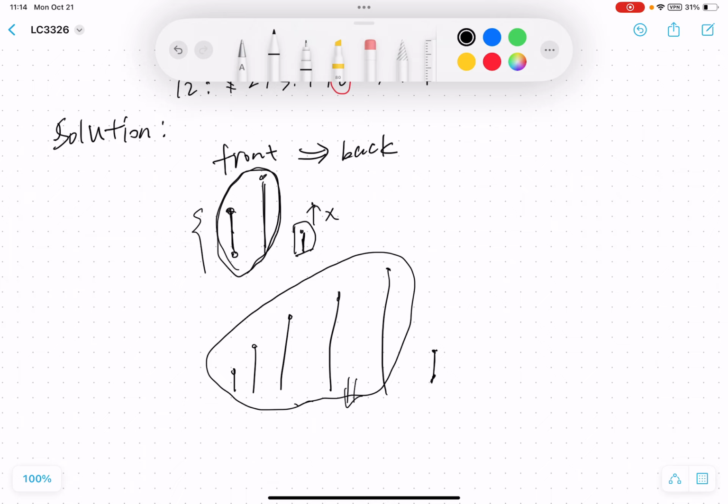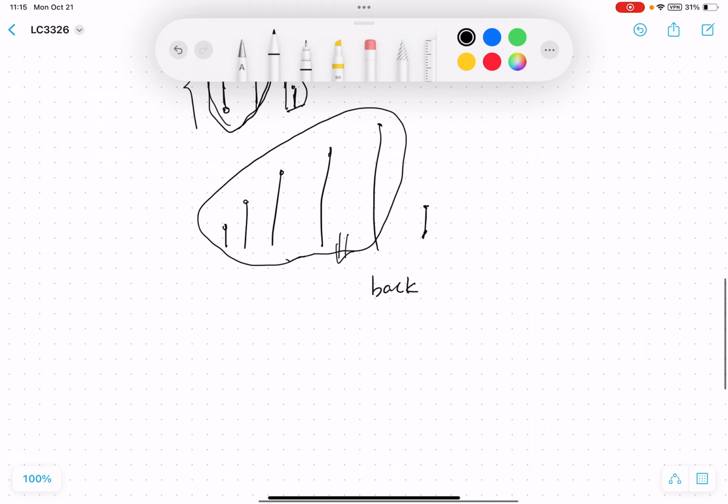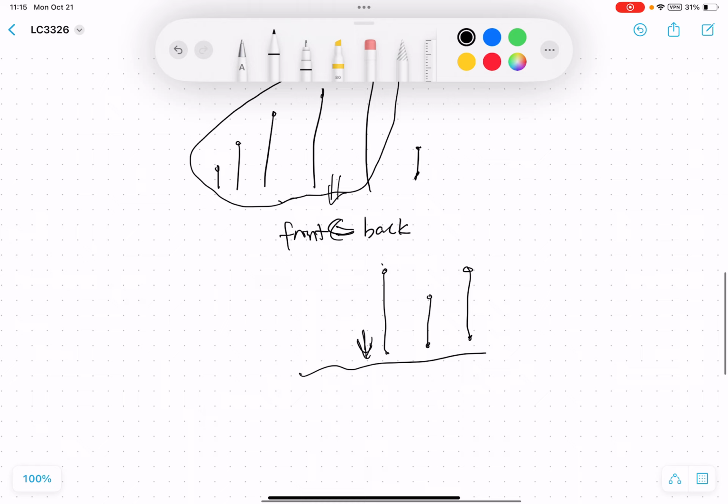This is complex. But if we do it from back to front, that means we check the last element, then the one before the last, and so on. If we find one is larger, all we need to do is make it smaller. After we process several elements, we don't need to process them again, because this is the only way to process them. So we process these elements from back to front, from the last one to the first one.